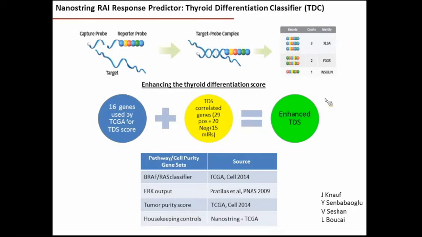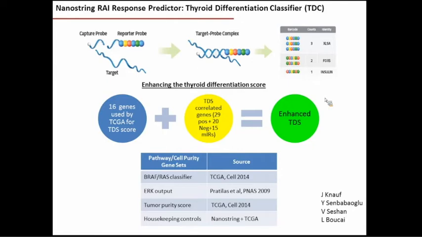The first is a capture probe. It binds to one site in the molecule. The second is the reporter probe that binds to the same messenger RNA at a different site, relatively contiguous to the other, but has this barcode here. And this barcode allows you to actually measure 200 plus transcripts.